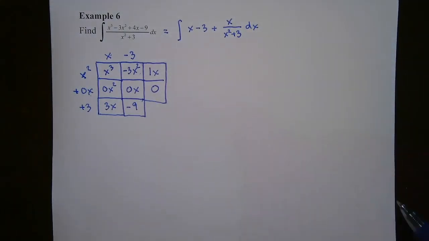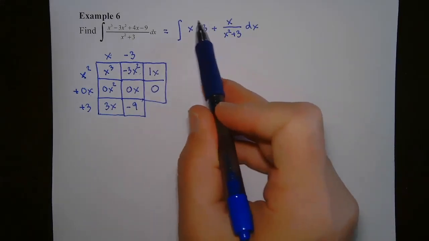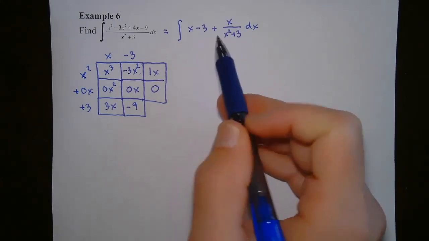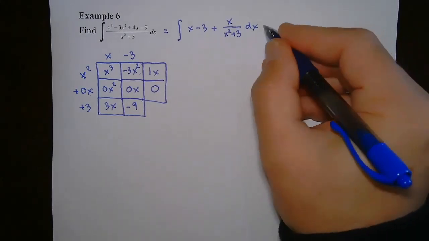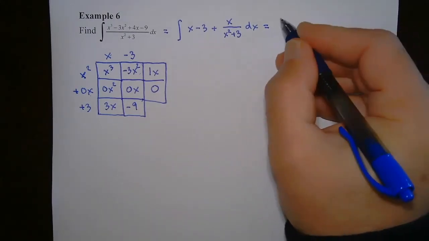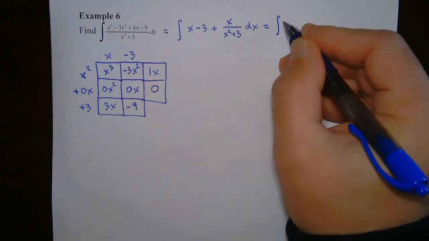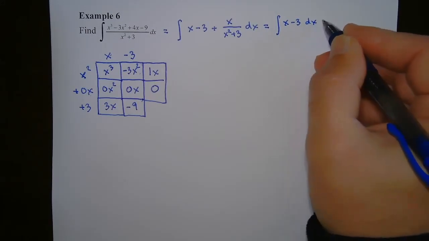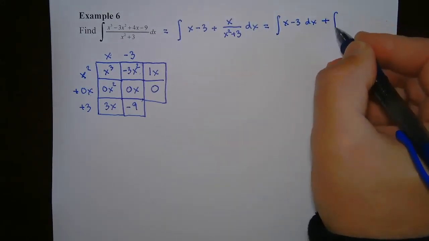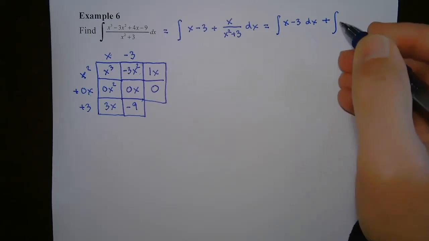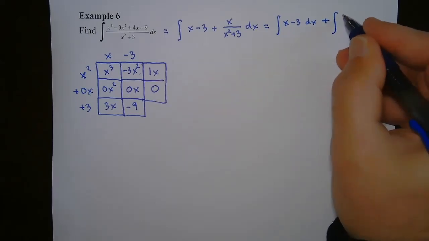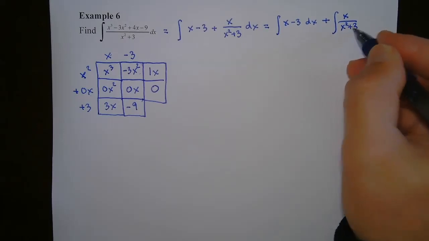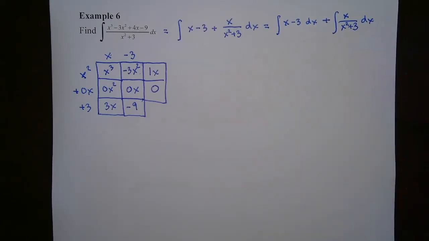All right, so the next thing is, okay, we're gonna integrate this. This is just standard integration, and then we're gonna integrate this. So I'm gonna break it into two integrals. All right, so this is equivalent to the integral of x minus 3 dx plus, and once again, we need that dx right there, plus the integral of x over x squared plus 3 dx.